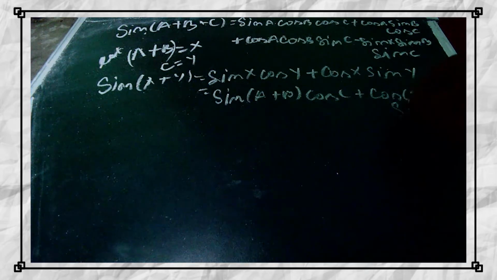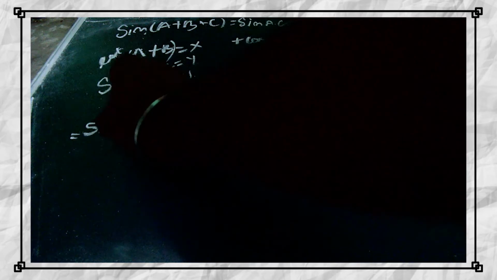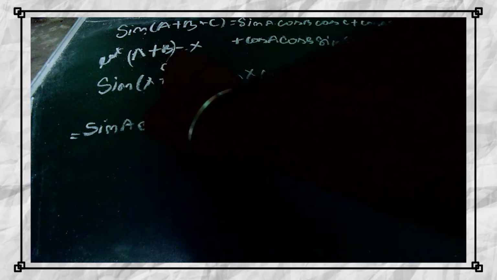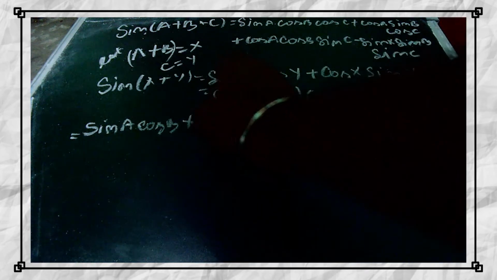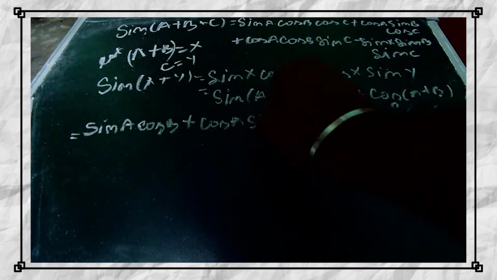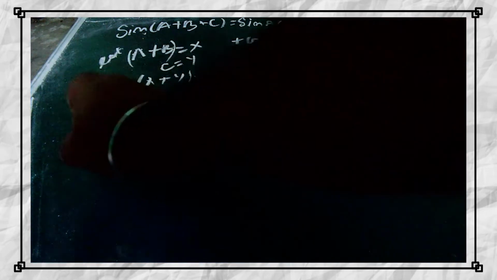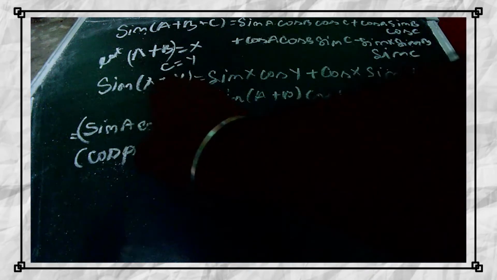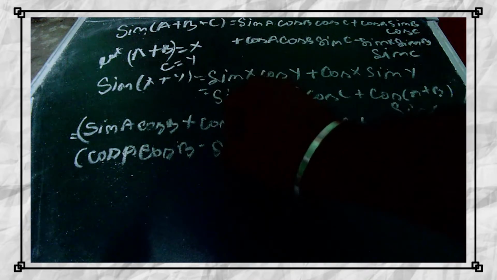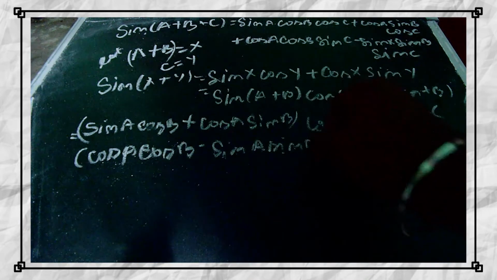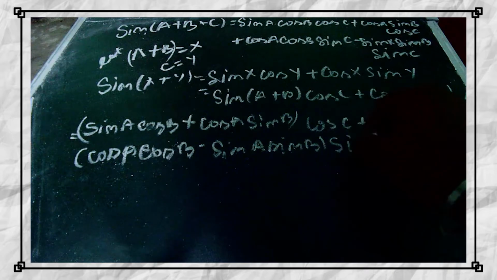into sine of C. So sine of A plus B is sine of A into cos of B plus cos of A into sine of B, and this will be multiplied by cos C as a whole, and plus the value of cos of A plus B is cos of A into cos of B minus sine of A into sine of B. This will be multiplied with sine C as a whole.